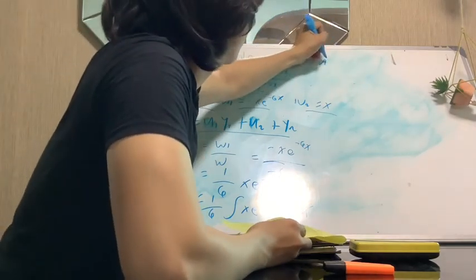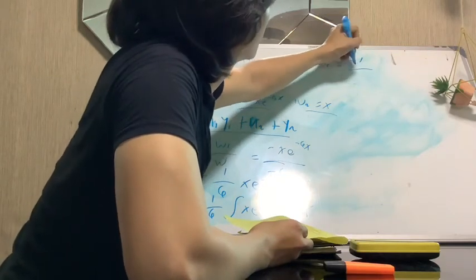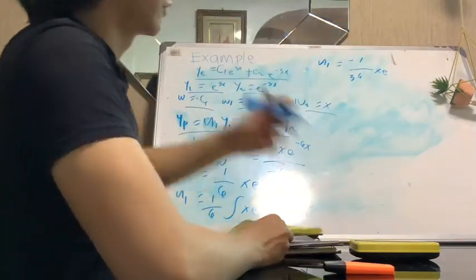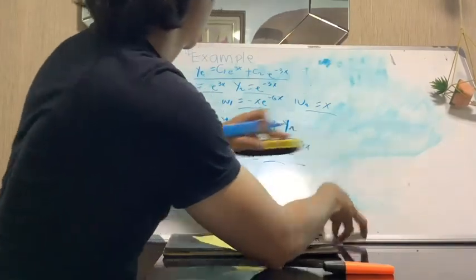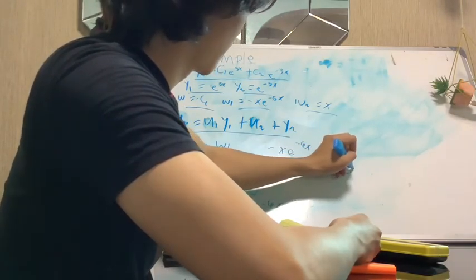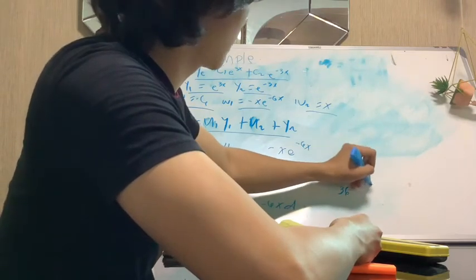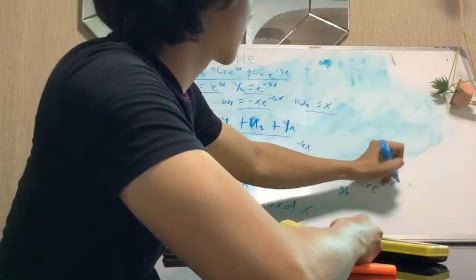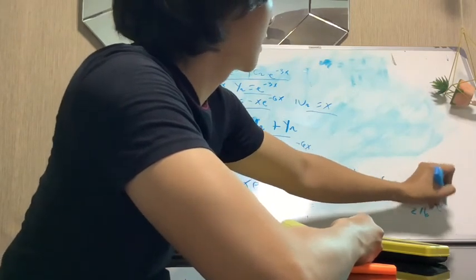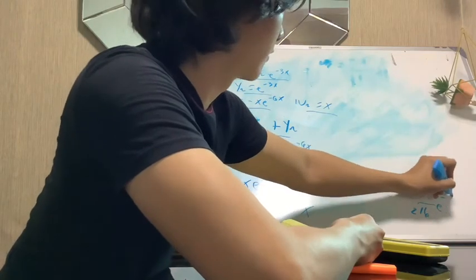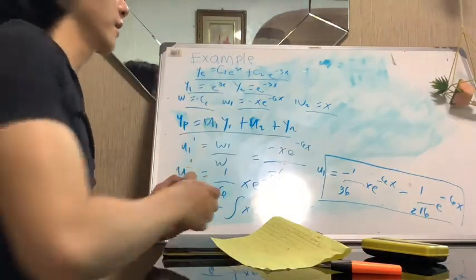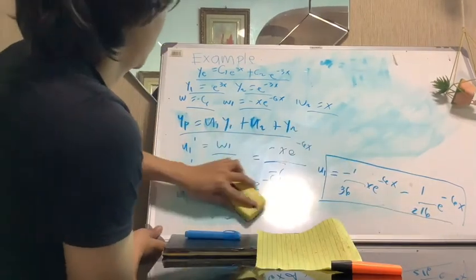And then the final answer is u1 equals negative 1 over 36 x e^negative 6x minus 1 over 216 e to the negative 6x. This is the answer for our u1. Okay.